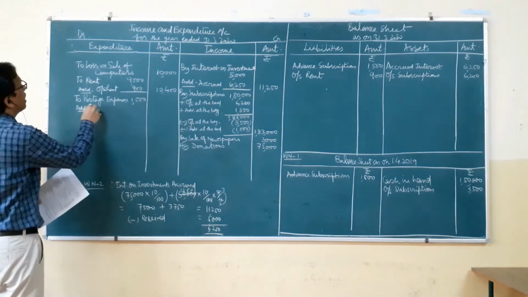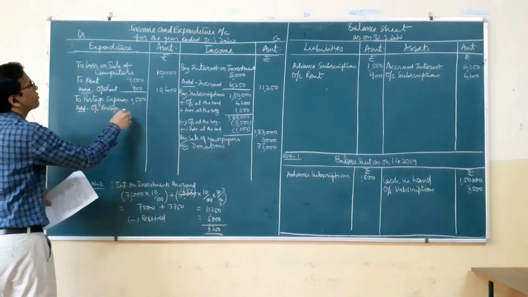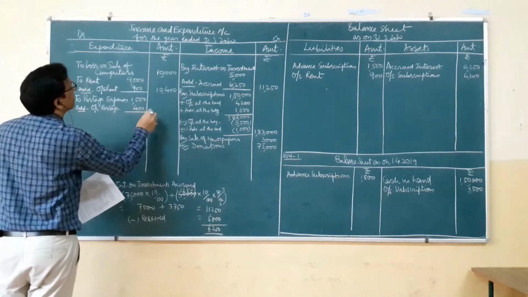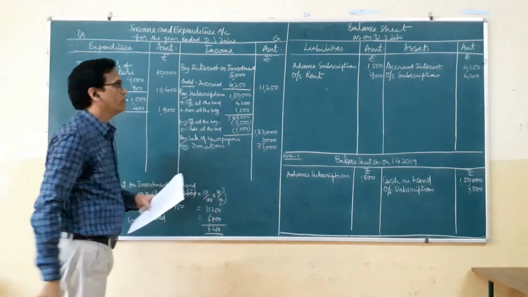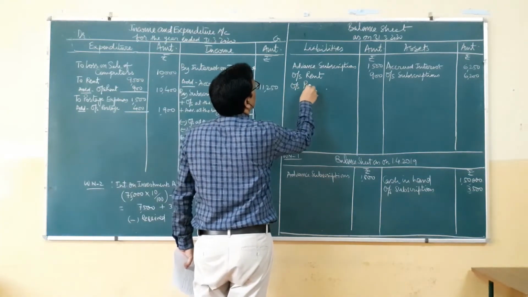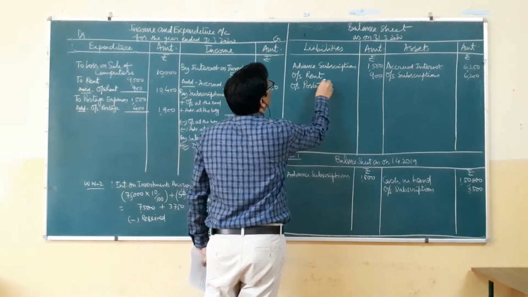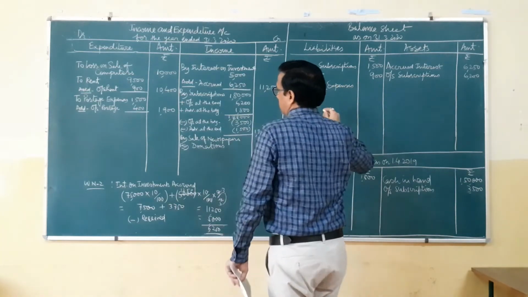So plus outstanding postage 400. So 1,900 it would be. It will go to the current year's balance sheet. Outstanding postage expenses 400.